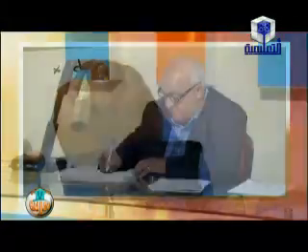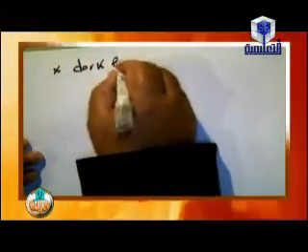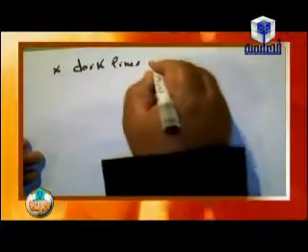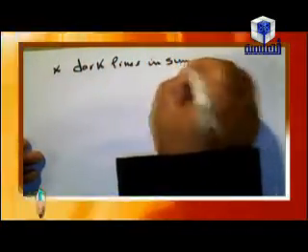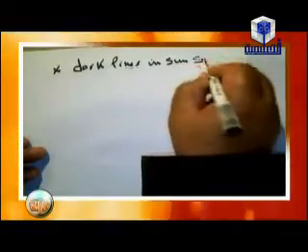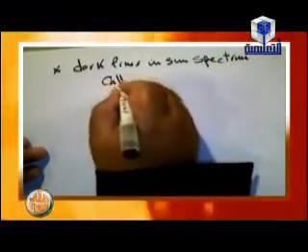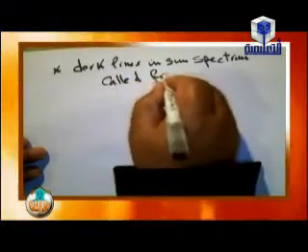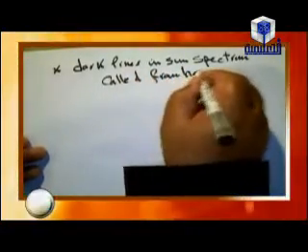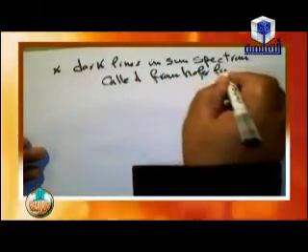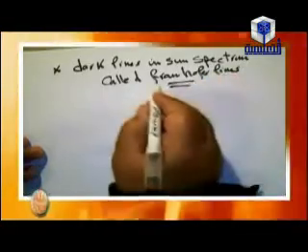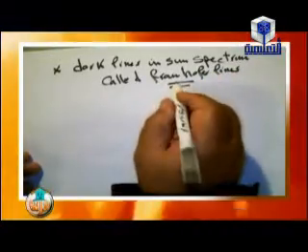Fraunhofer lines. Dark lines in the sun spectrum are called Fraunhofer lines. Fraunhofer was the scientist who discovered these lines.